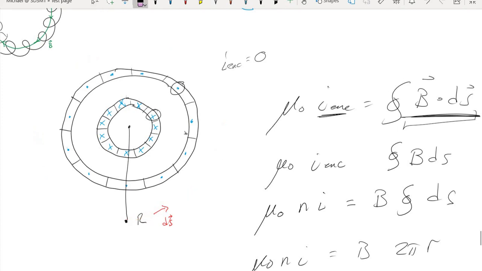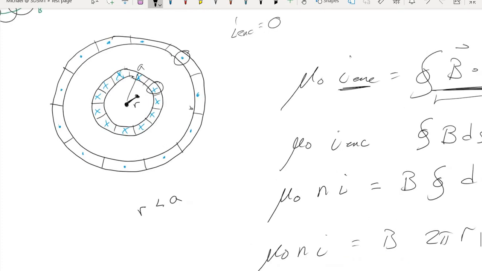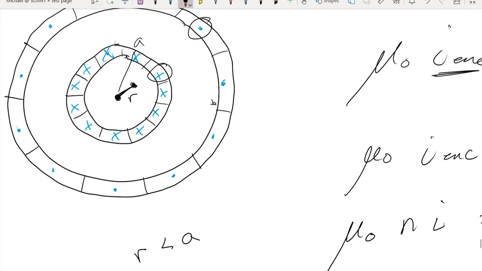So what if you tried measuring the magnetic field inside the toroid? And when I say inside the toroid, I mean really inside the toroid. What if you measured a radius r from the center of the toroid, where r is less than a? And a was that inner measure. Okay, try it. Place an Amperian loop at a radius of r, and how much current did you enclose?